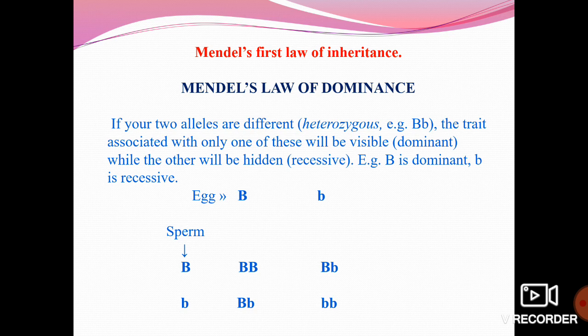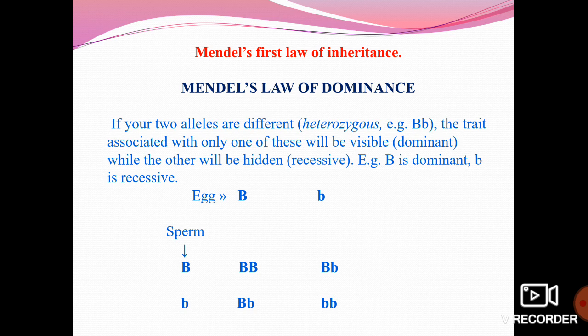But if the male is tall and the female is dwarf, for our convenience, then we would have a situation where there will be two capital T genes in the sperm and two small t eggs. Here B has been used for your understanding.